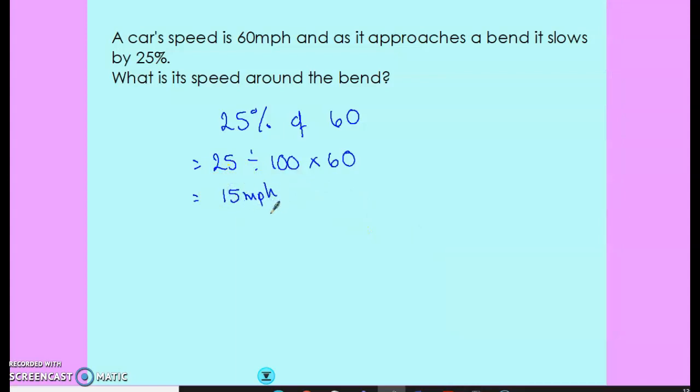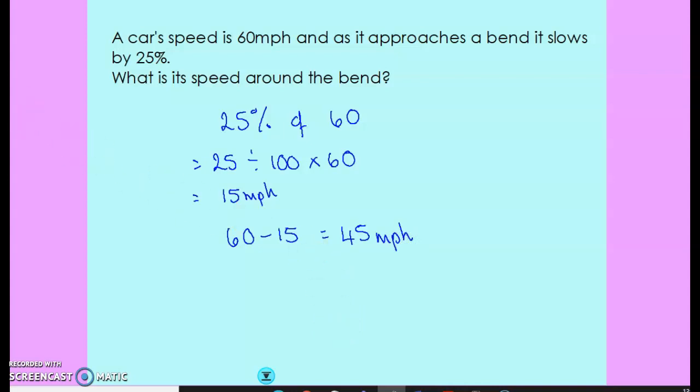Now again, it doesn't mean they're going round the bend at 15 miles per hour. They slowed down by 15 miles per hour. So we want to take that off the 60. So they went round the bend at 45 miles per hour.